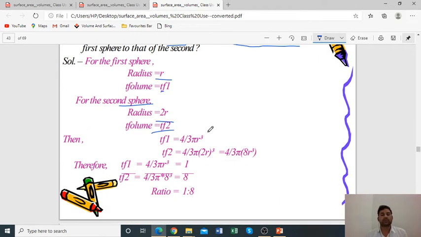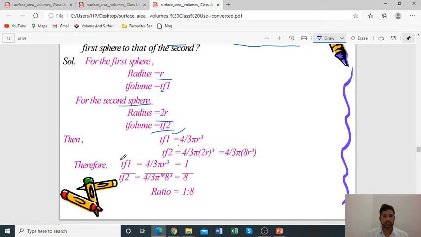You know that the volume of a sphere is 4/3 π R³. So the first sphere's volume is 4/3 π R³, and the second is 4/3 π (2R)³. The value of (2R)³ is 8R³.